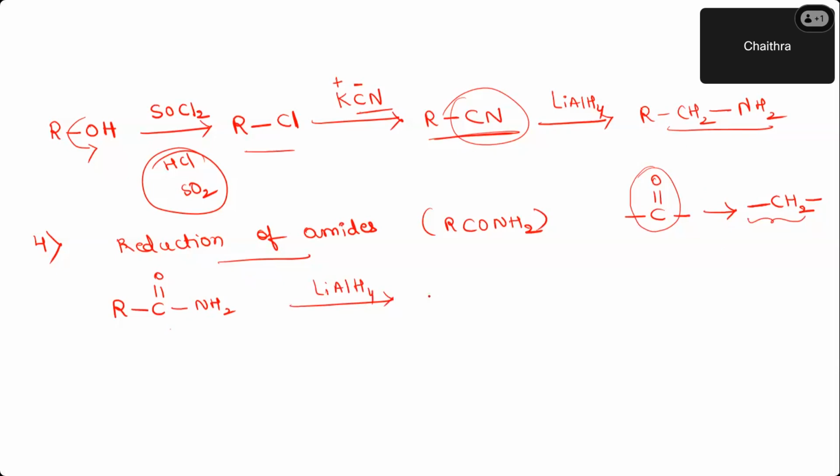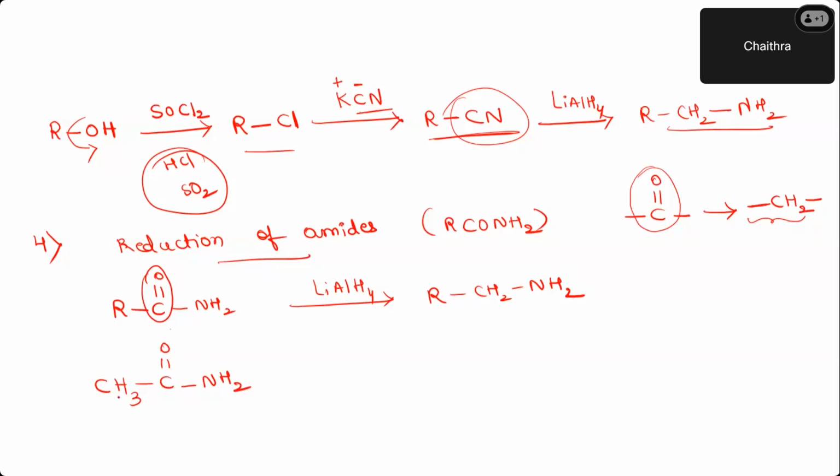So what will you do? R C double bond O is there, no? That you make it CH2 so that you get primary amine. So let us take one example. CH3 C double bond O NH2. Can you tell me the name of this? Yes.